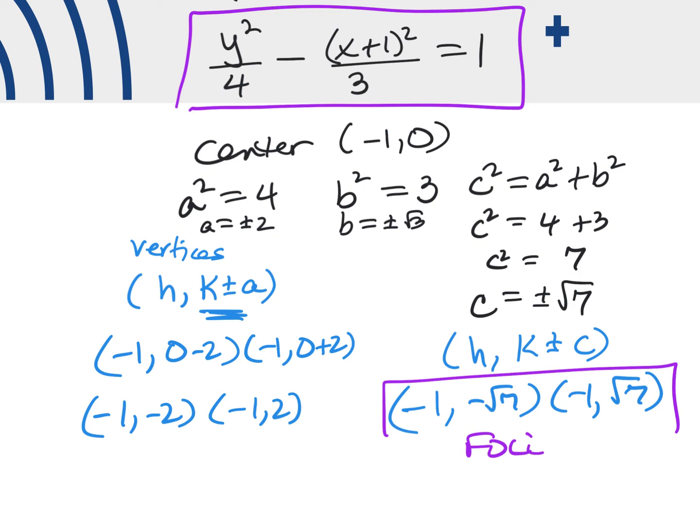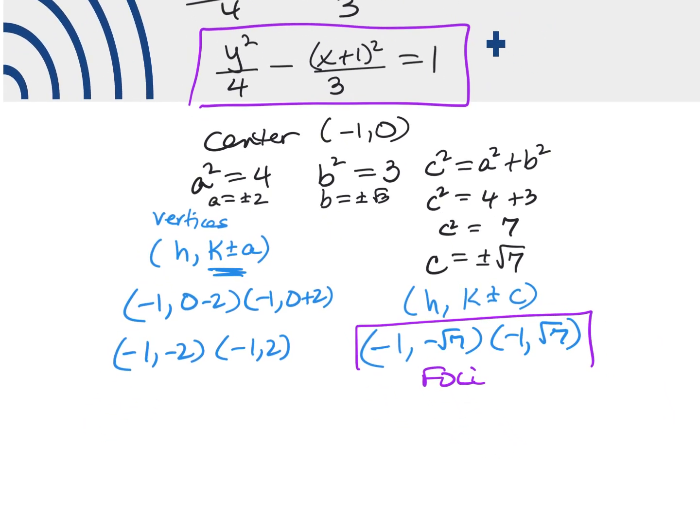Now, we also need to find our asymptotes. This is a hyperbola. Remember, whenever your graph transverses the x-axis, the equation we're using for asymptotes is y equals k plus or minus a over b, and then x minus h.